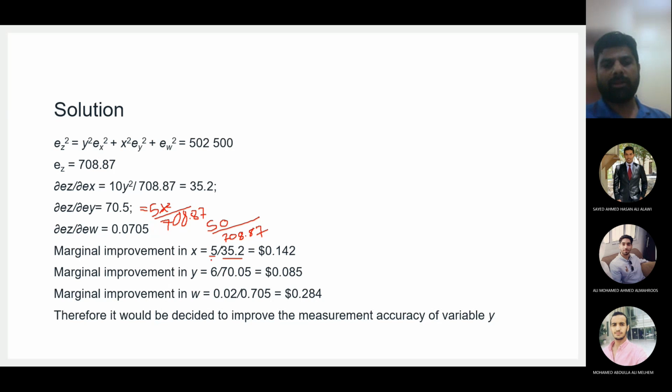So how much will be the improvement for each reduction in error unit because of x?